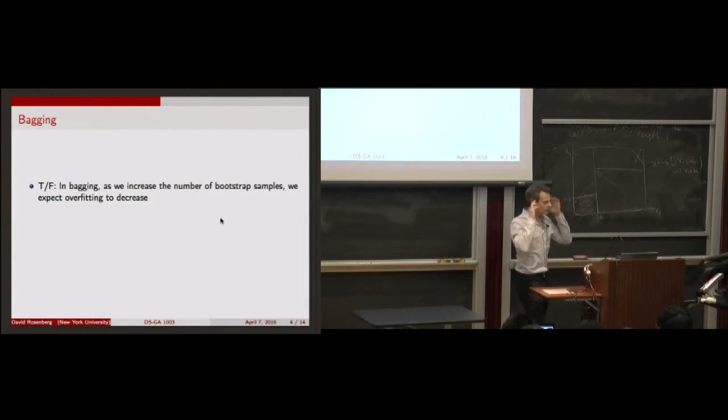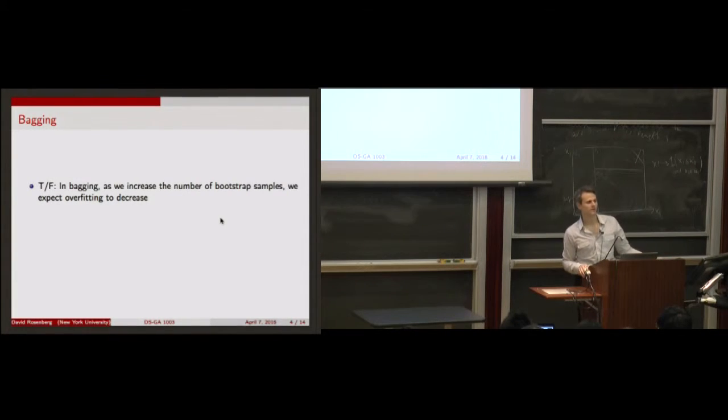So the intuitive explanation for bagging is that the variance of the predictions decreases, but the bias stays the same. So, yeah. In this case, decreasing variance decreases overfitting.